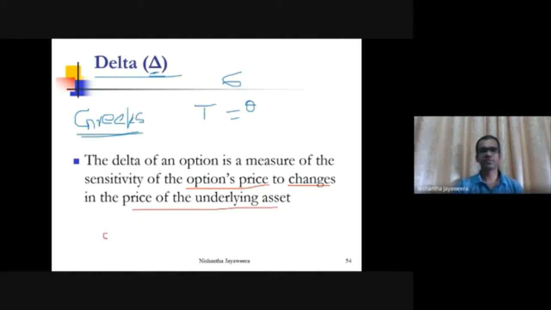If the spot price changes by $1, what would be the change in call premium or put premium? That is measured by the delta.